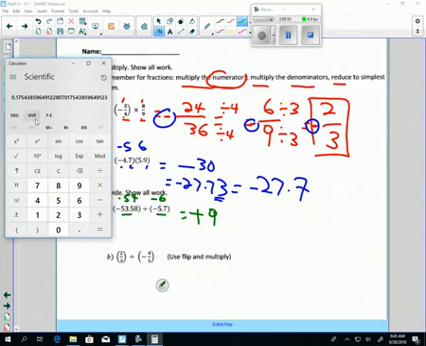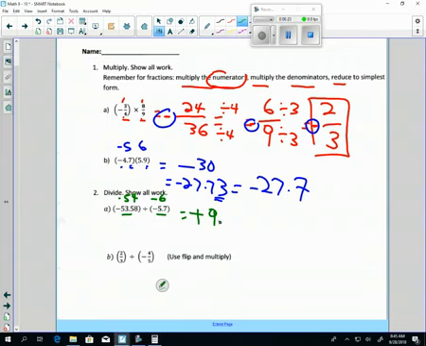I'm in scientific. Let's get back to degrees. It didn't look reasonable, so I have to redo it. There we go, 9.4. So our answer is plus 9.4.